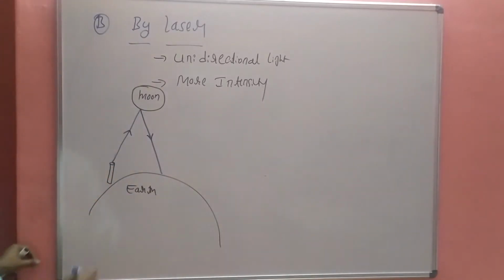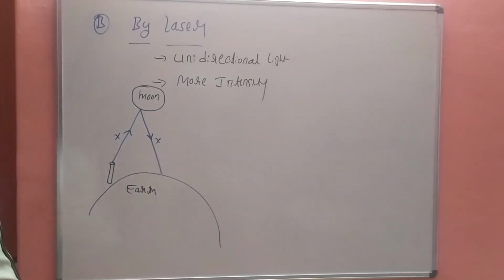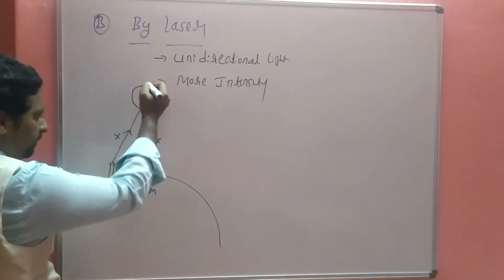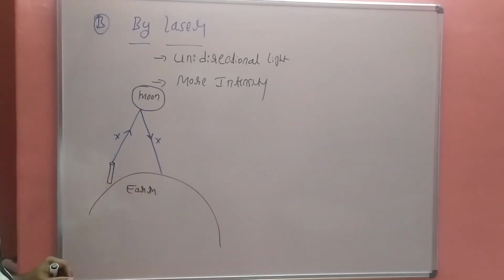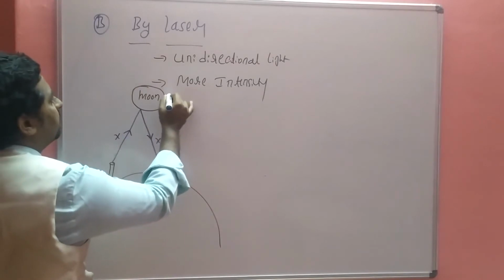The distance covered is x. T is the time taken by the light to go from the earth to the moon and from the moon again to the earth. Call these points A and B.